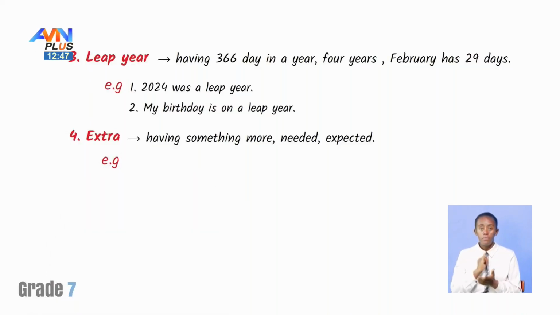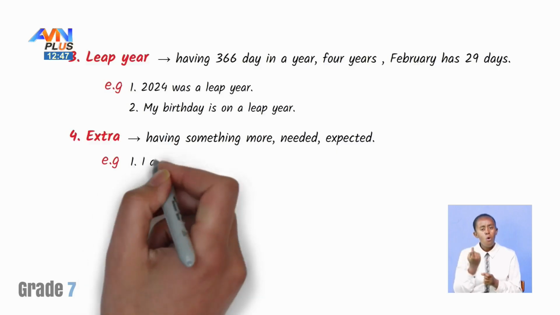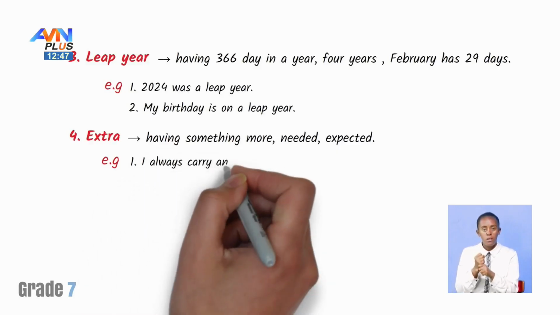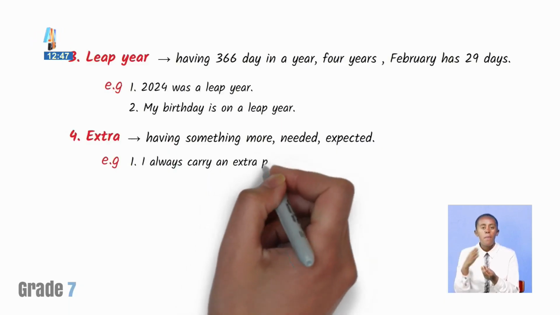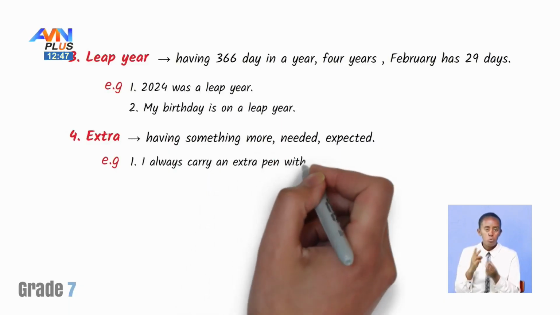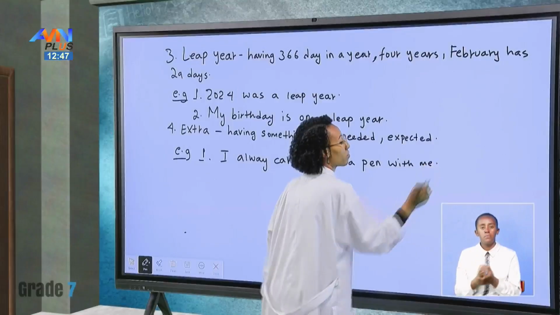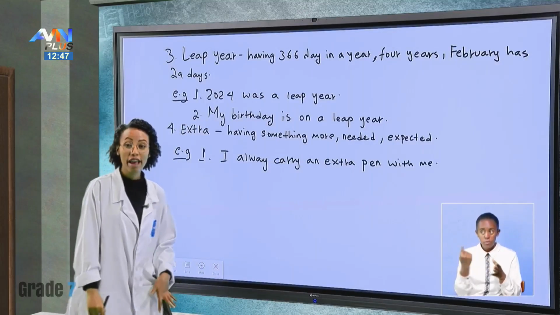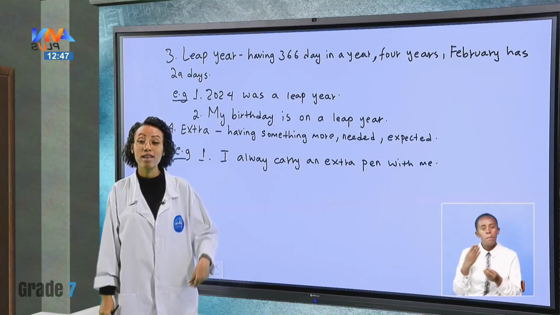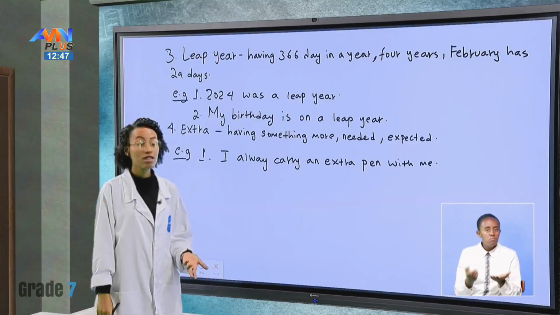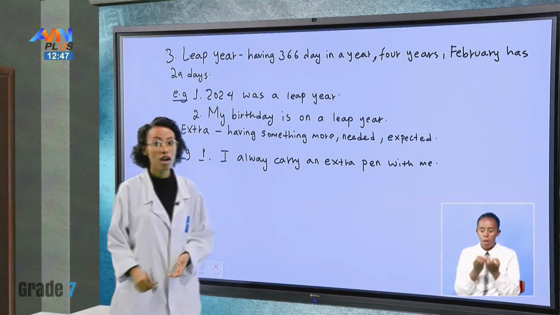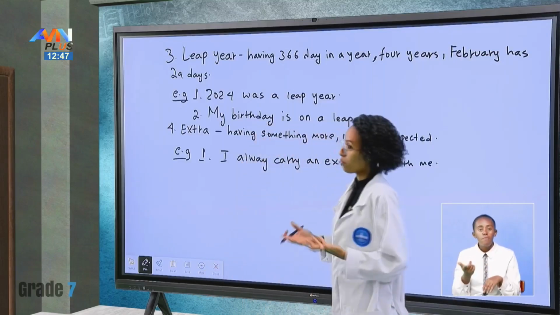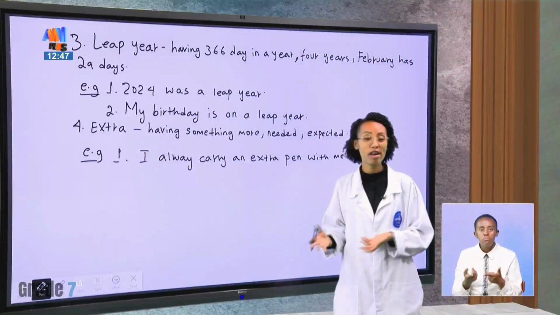I always carry an extra pen with me. For example, as a teacher, I always carry an extra pen or pencil or even an eraser when I go to class, because sometimes my students may not have a pen, a pencil, or an eraser.